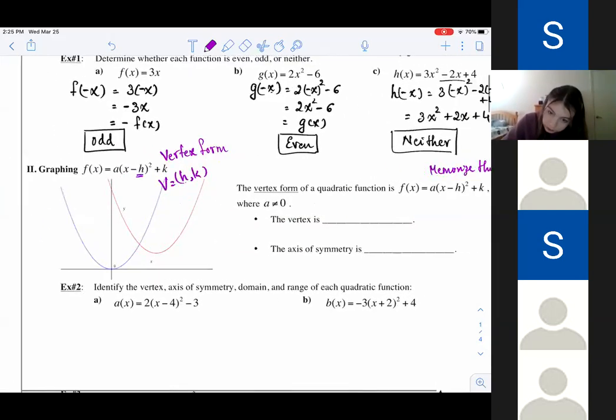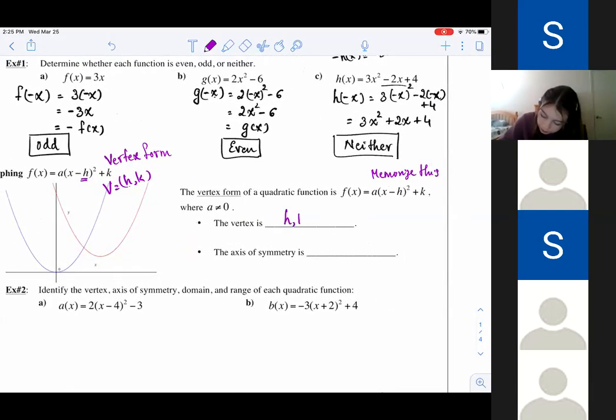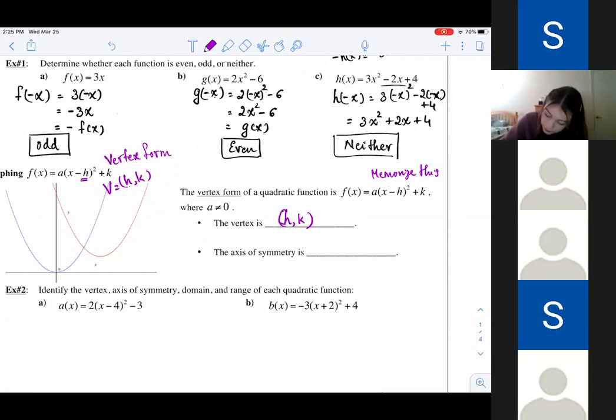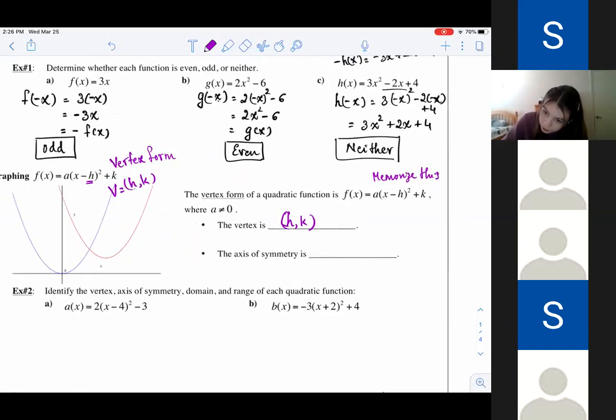If this is the form, then the vertex is h comma k, and the axis of symmetry is the x coordinate of the vertex, so x is equal to h. Okay, really quick, I want you guys to memorize these 3 things.